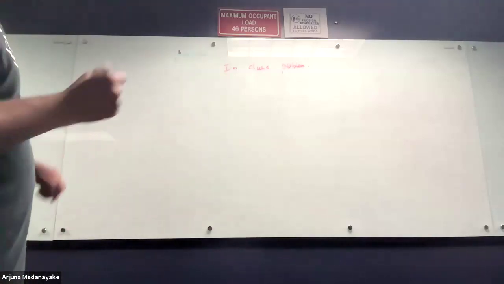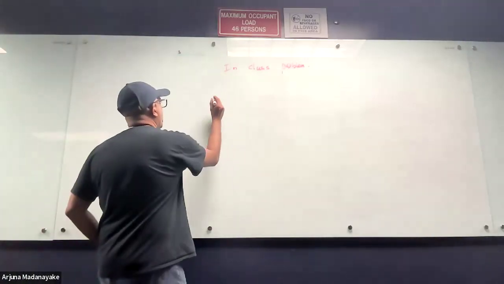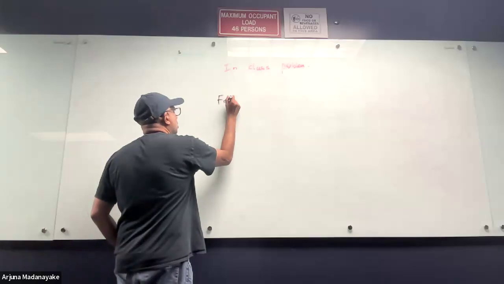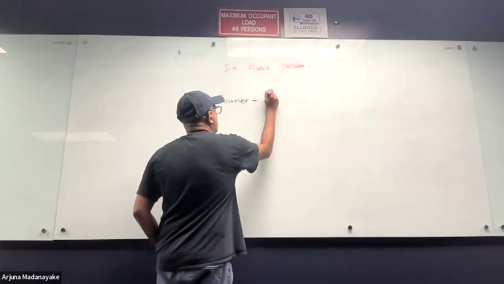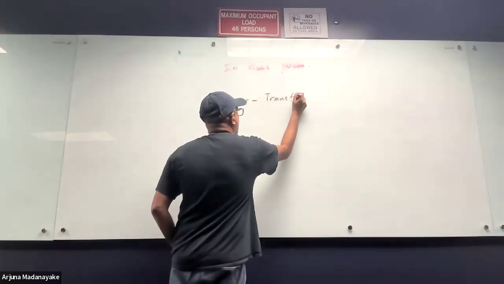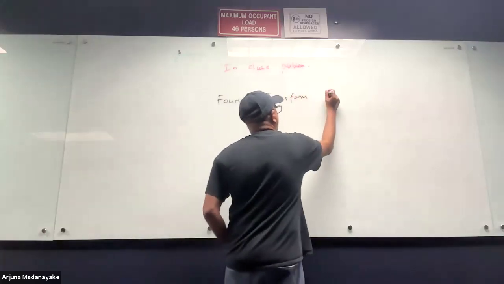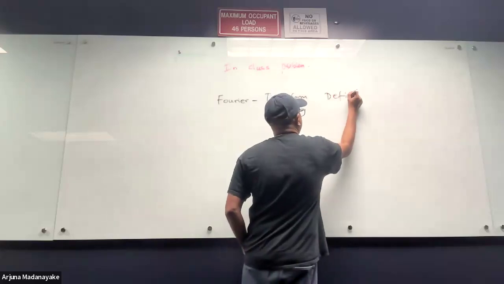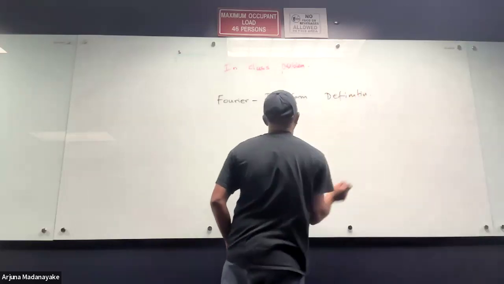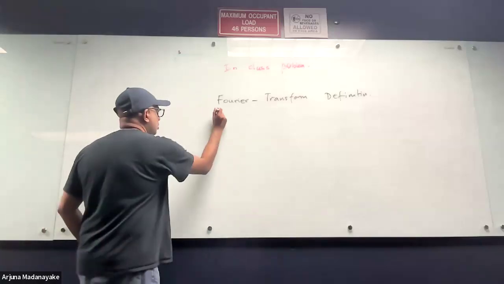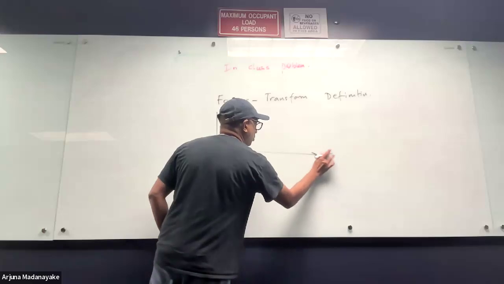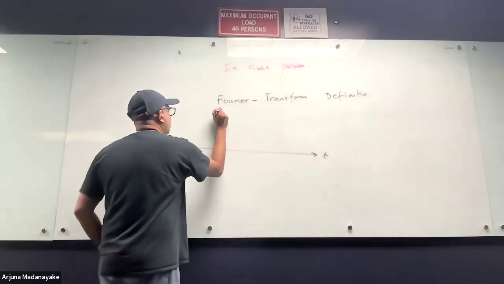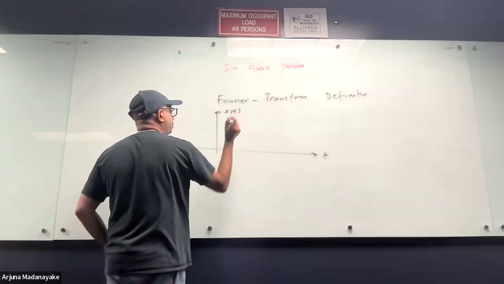So I'm going to leave you with a definition of the frequency domain. We'll talk about this in detail next week. If you have a signal as a function of time, call this x of t.